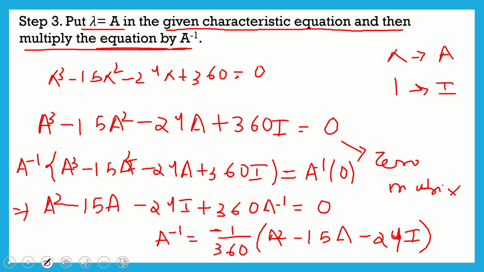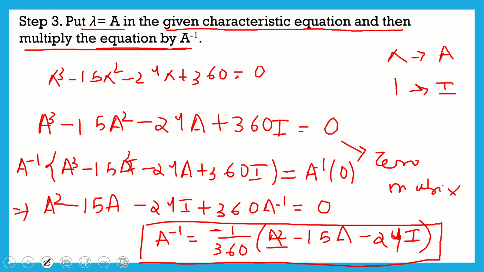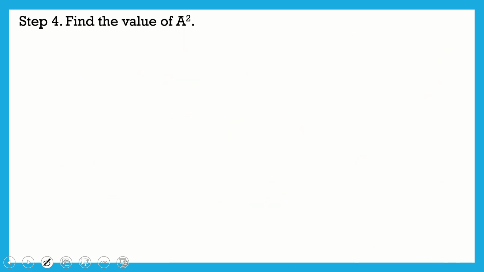Yes, we know the A value, it is given in the question. We know I, it is the identity matrix, always the same: 1 0 0, 0 1 0, 0 0 1. But what is left is, we don't know the value of A square. We have to find the value of A square, then only we can find this whole thing. So if you have noted it down, remember this equation, because it will come back again.